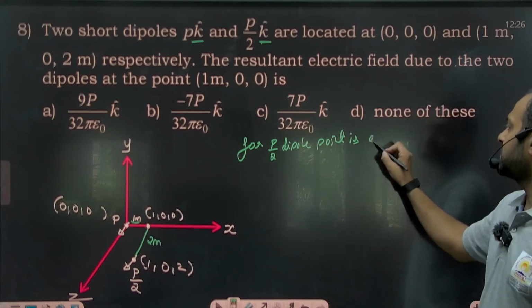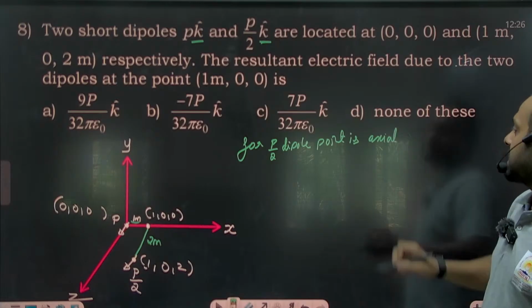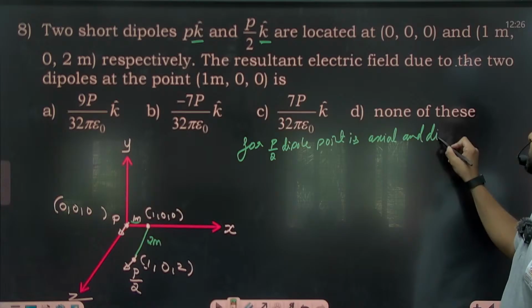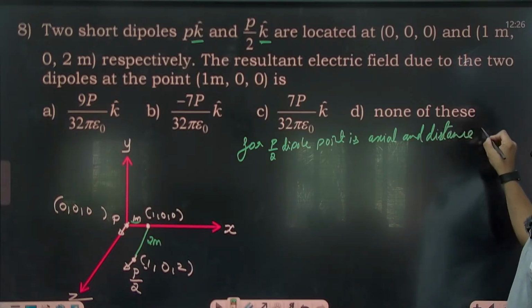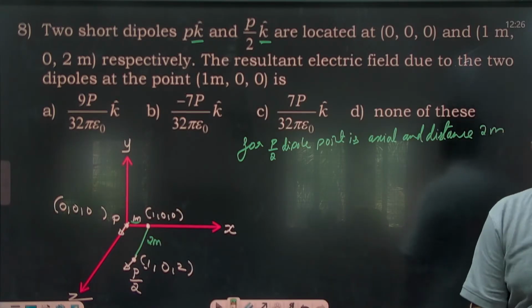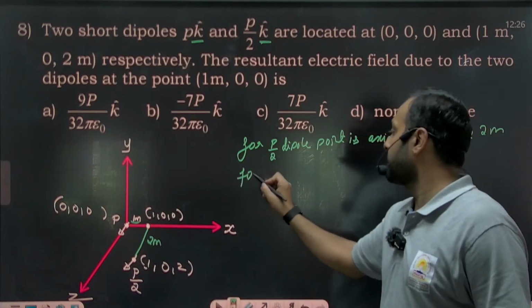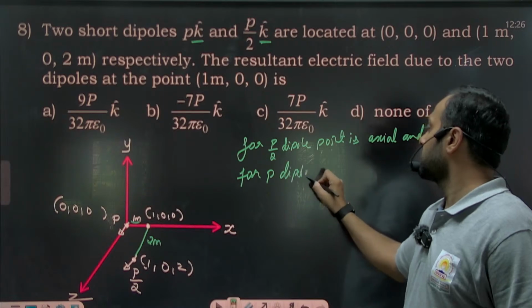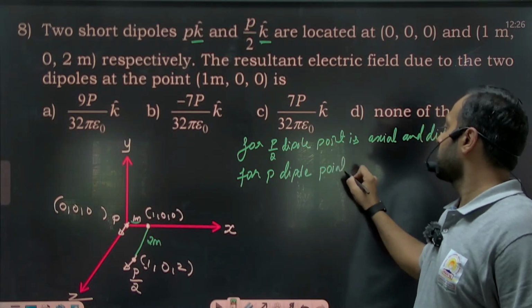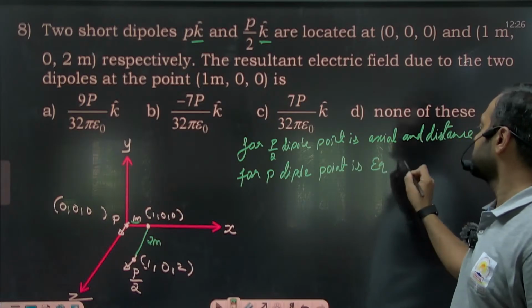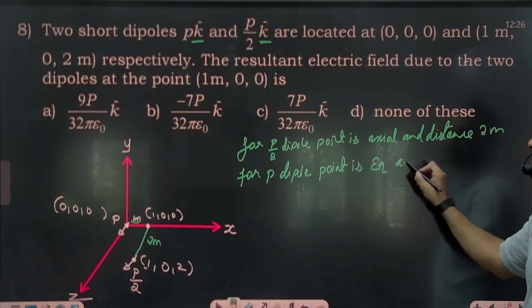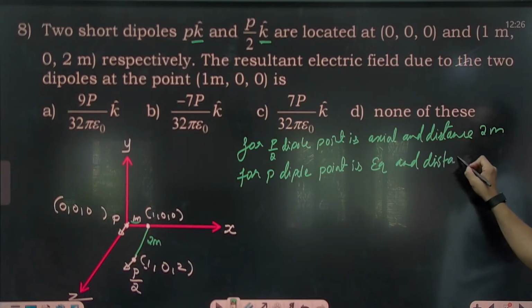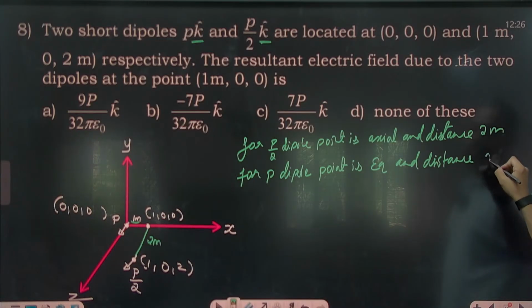The point is axial, and the distance is 2 meters. Okay. And for P, the point is equatorial, and the distance is 1 meter. Okay.